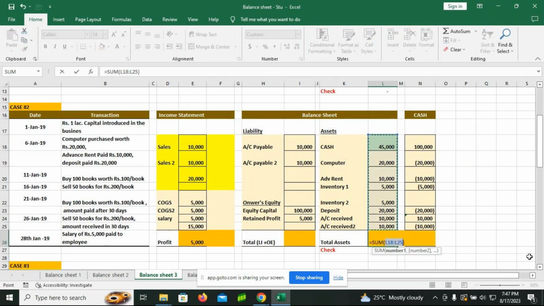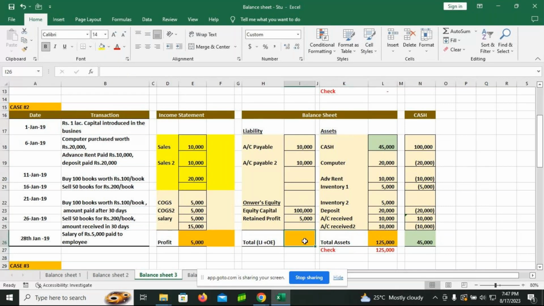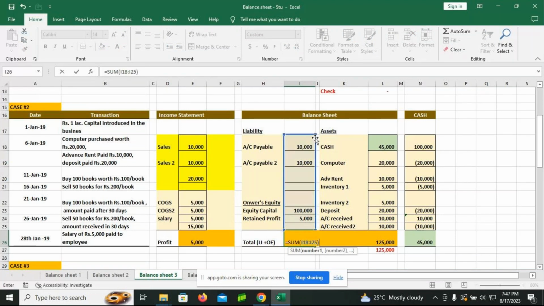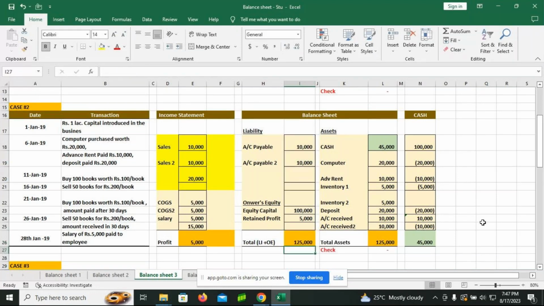Alt equals, so here should be 1,25,000. So everybody got the answer? Yes, ma'am. Okay, let's solve the third sum.